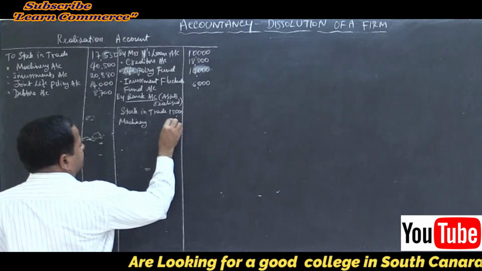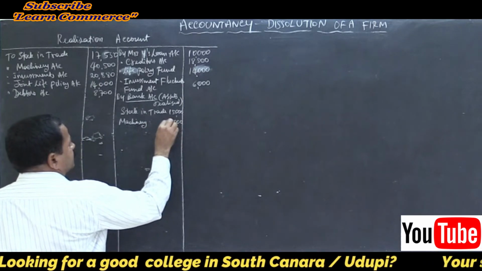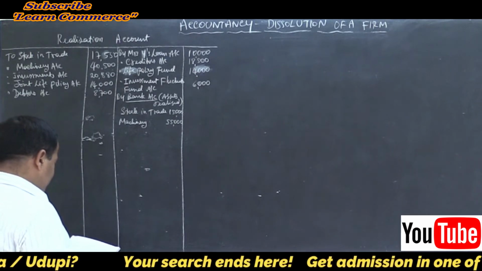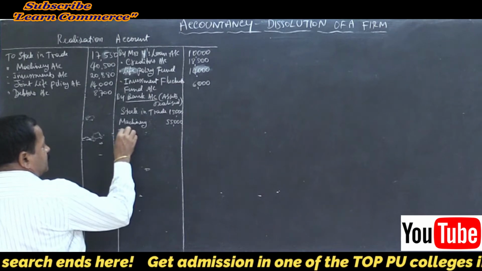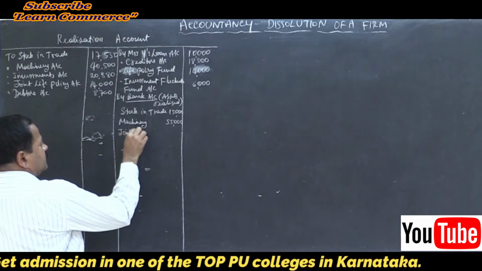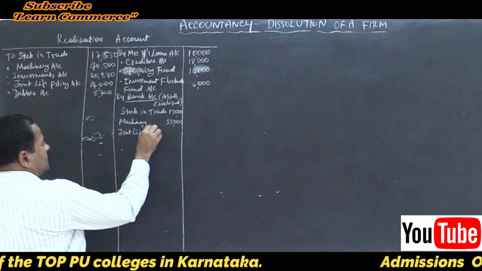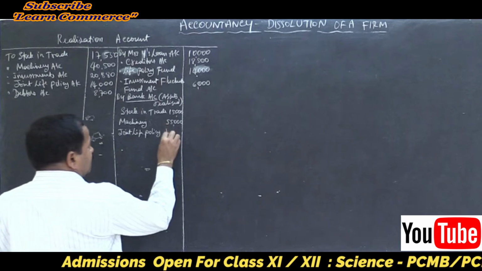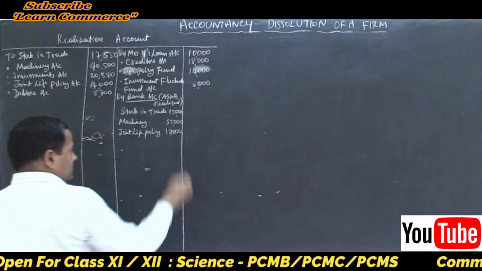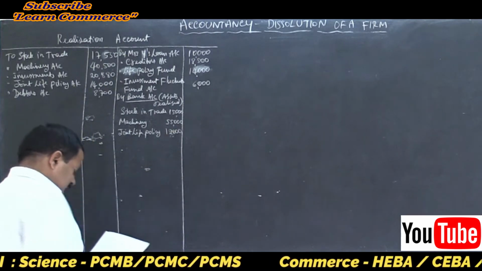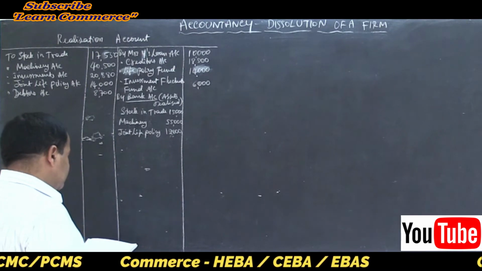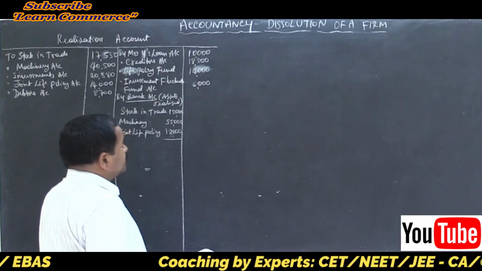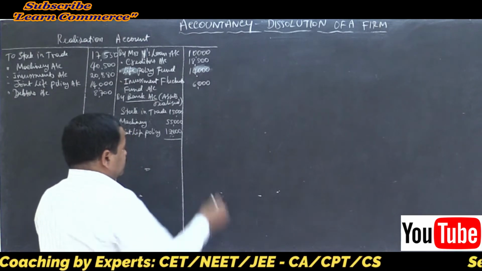Then joint life policy was surrendered for rupees 12,000. Correct? So 12,000. Are there any other items to be noted? No, that's all. Write the total. How much is it? 82,000.